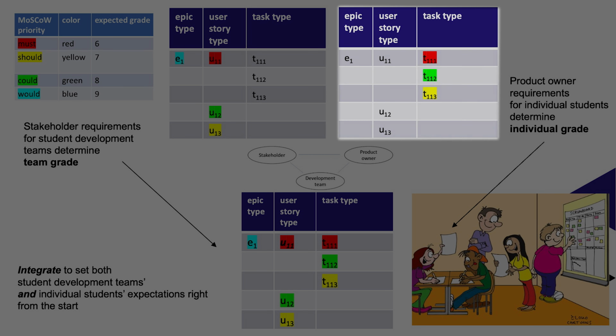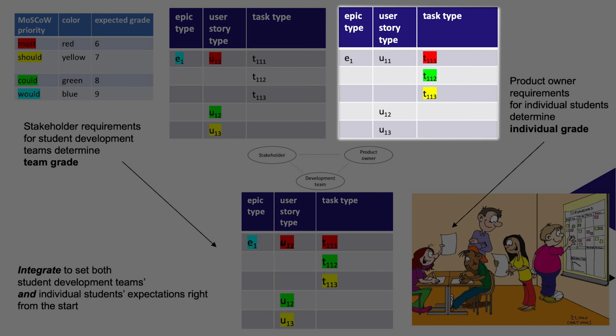At the top right you see that the product owner indicates the task type's priorities with the color scheme. The product owner does not interfere with the epic types and the user story types. He is responsible for the individual grades that students will get in a team. This is logical because the product owner has more contact and is technically coaching the students.